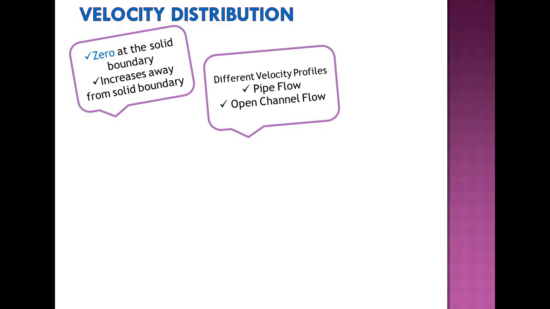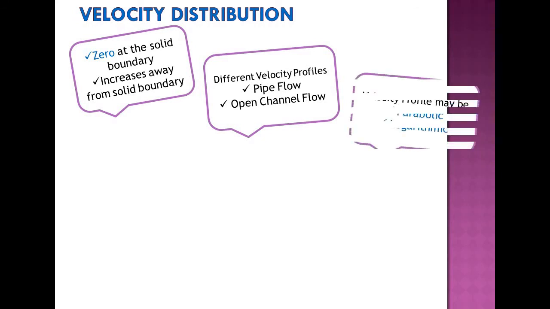As I told in the previous lecture, this velocity distribution is exactly due to the phenomenon of viscosity. We have also discussed the no slip condition. So velocity is 0 at the solid boundary and increases away from the solid boundary. So it has different velocity profiles.